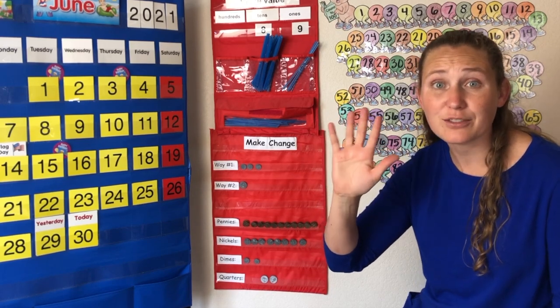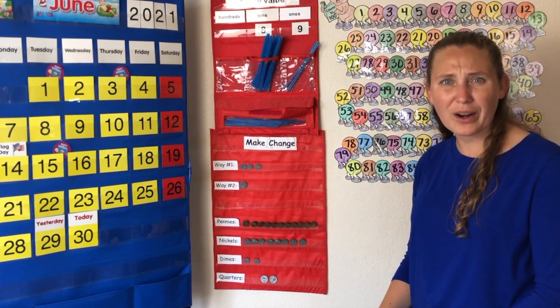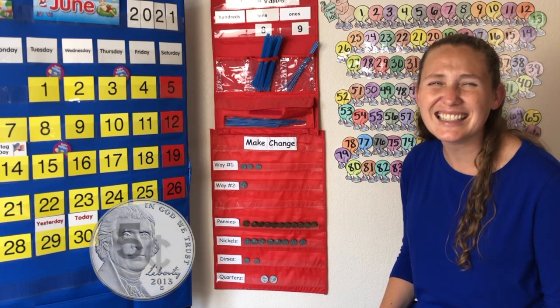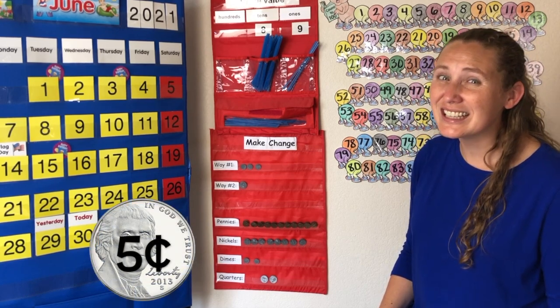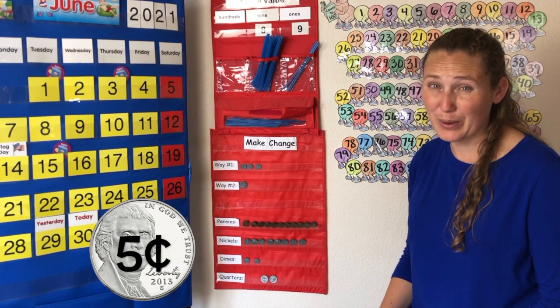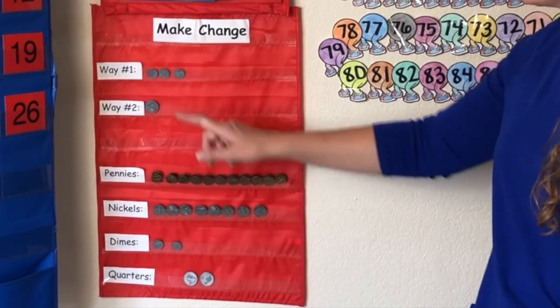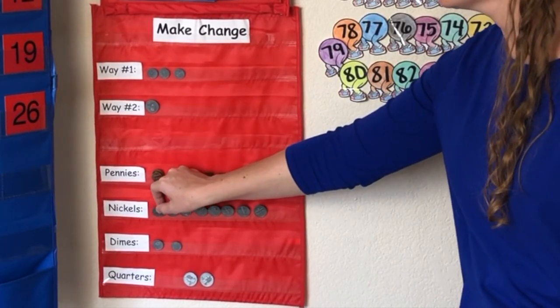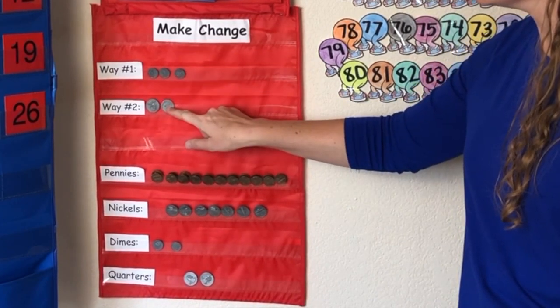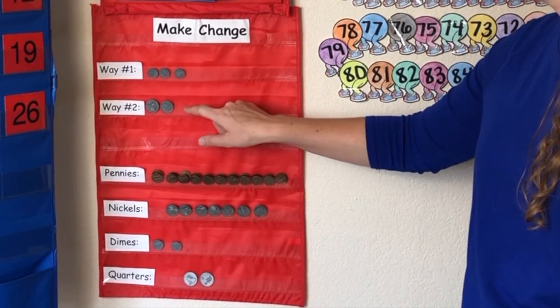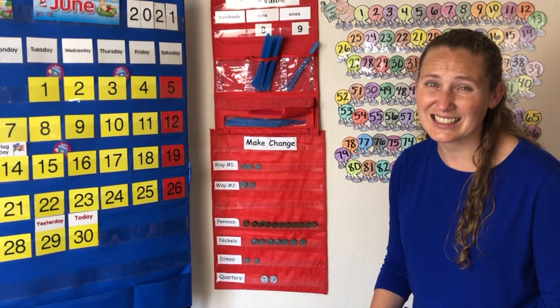We need 5 more. We have a coin that's worth 5, a nickel. Let's use a nickel to get the rest of the way to 30. 25, 30. 2 ways to make 30 cents.